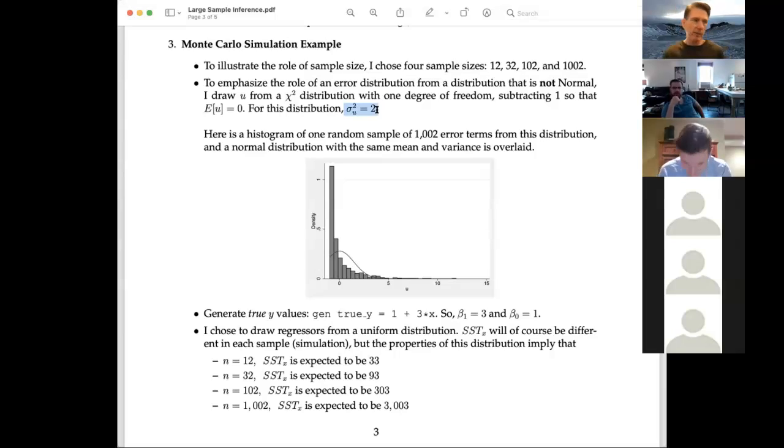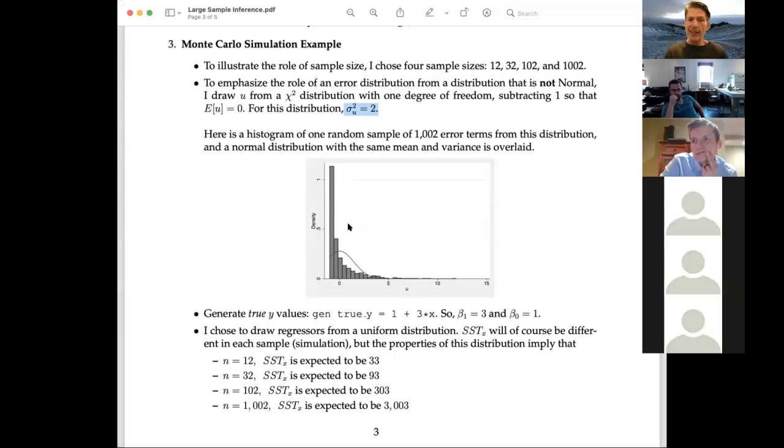All right. So it's kind of modest, the variance is not huge here. It's equal to 2. In other circumstances, depending on the example, I've had variance equal to 25, or in graded problem set 3, I had variance equal to 225. So our variance is relatively small, but do notice that I show you an example of one set of 1,002 draws from this chi-square distribution, subtracting 1 so that the expected value is equal to 0.